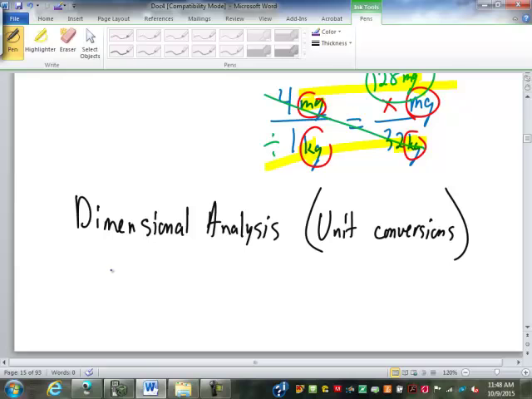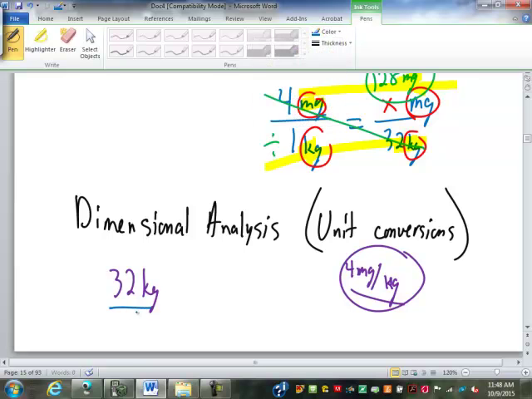So we have a patient that is 32 kilograms, and we know that it is 4 milligrams per kilogram. We could use this as a conversion factor if we wanted to. Put the 32 kilograms over 1 to make it a fraction.